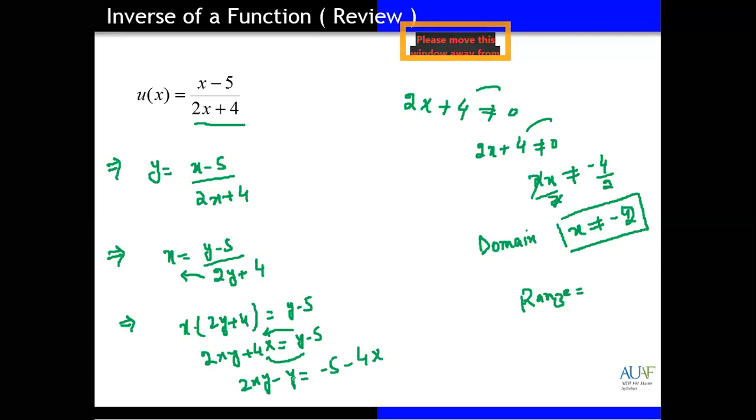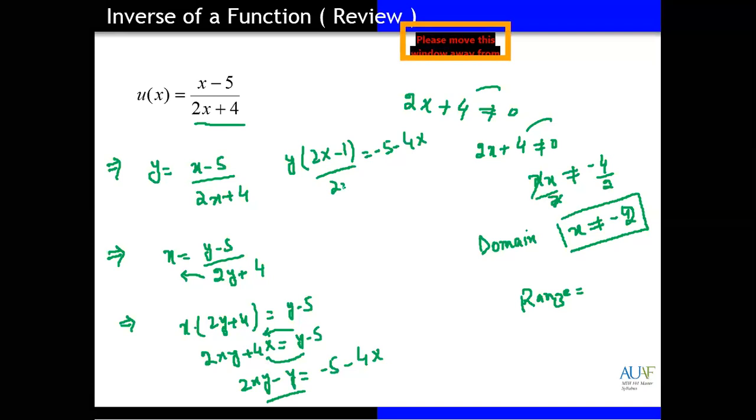So 2xy minus y equals minus 5 minus 4x. If we take y common from 2xy and minus y, we have y times 2x minus 1 equals minus 5 minus 4x.